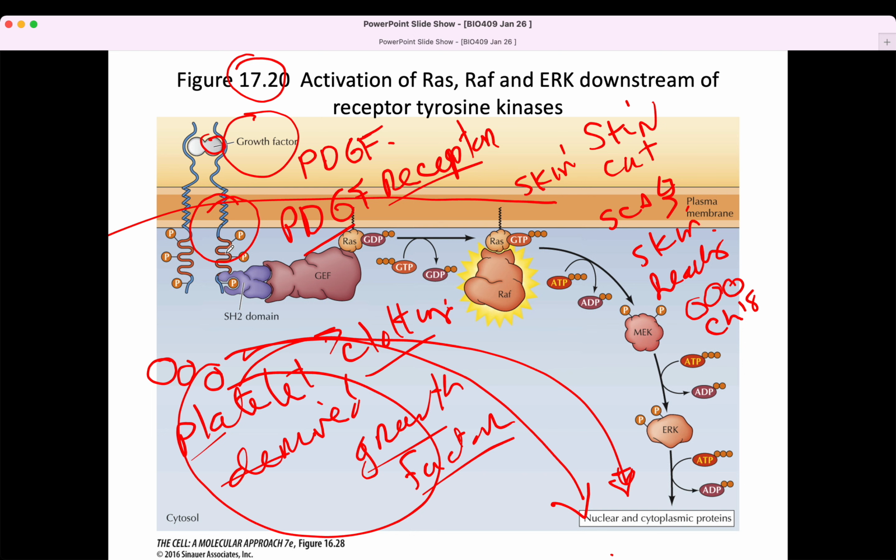So this is kind of the most direct example we have, and it's a good example because it happens under every scab. Okay? Okay, and so here's what we're going to learn in just a snapshot, and that is this PDGF receptor is going to be in chapter 17 an example of a receptor called a receptor tyrosine kinase.